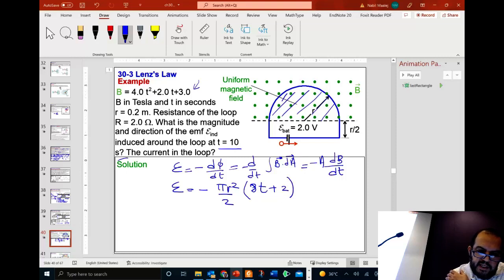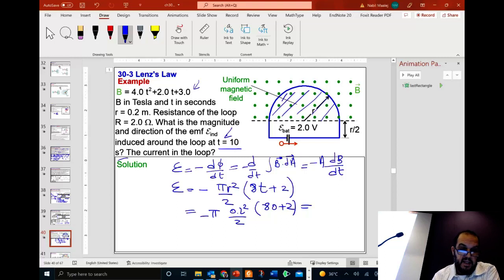Now I have to determine this at t equal to 10 seconds, so it becomes minus pi times 0.2 meters squared divided by 2, times 8 times 10, that's 80, plus 2, that's 82, and this will give me the induced EMF. Okay?